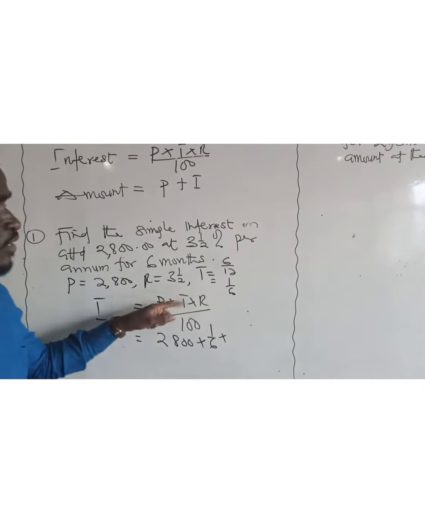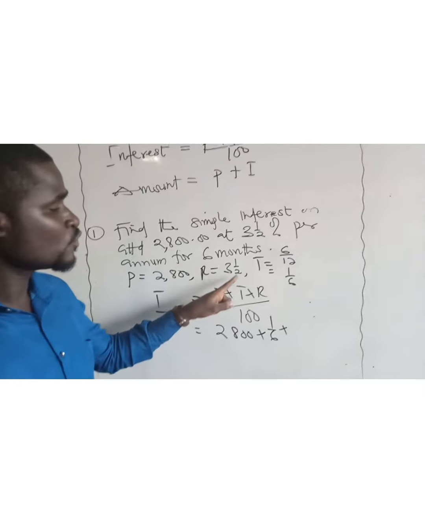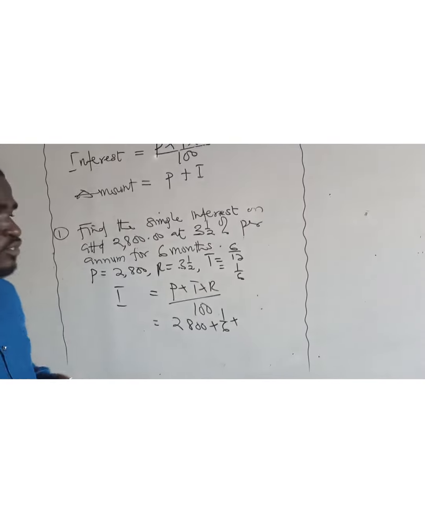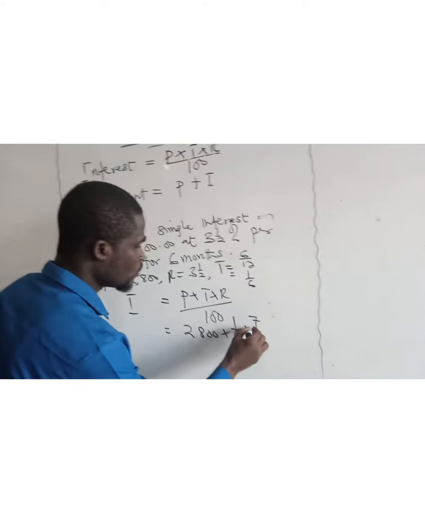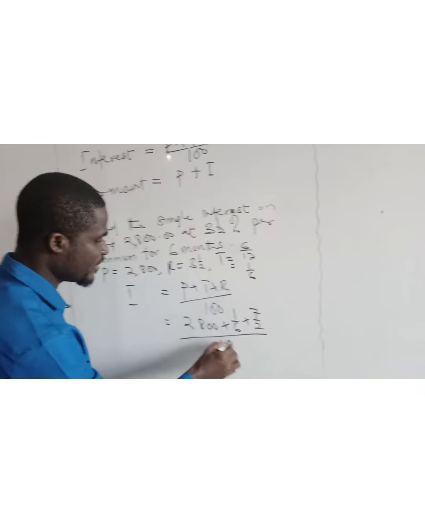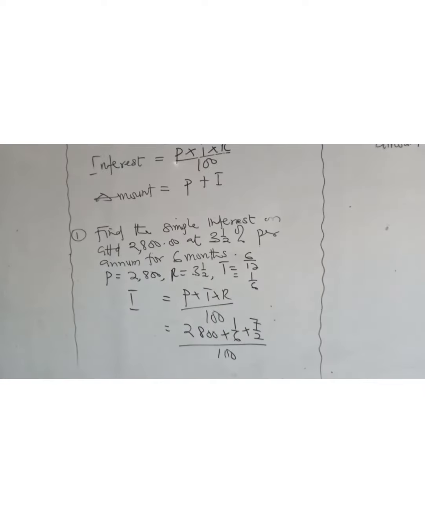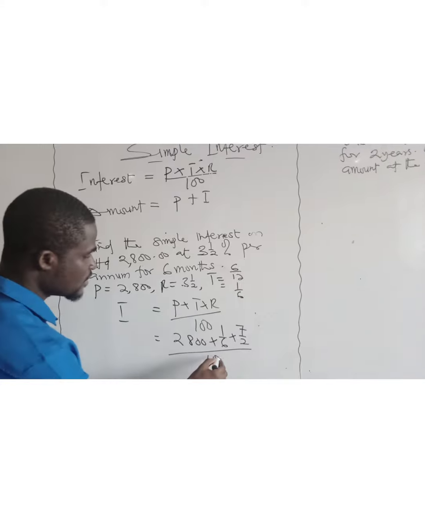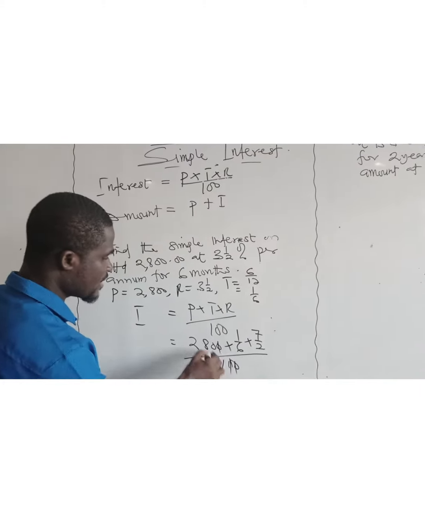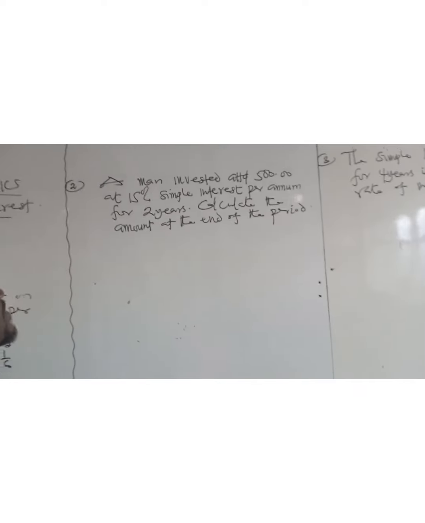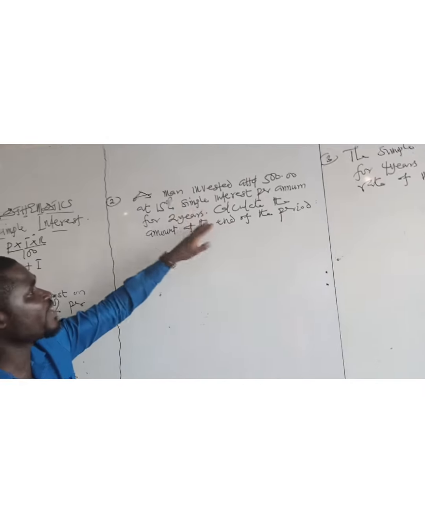Any one is correct. But let's change it to mixed fraction. 2 times 3 will give us 6. 6 plus 1 will give us 7. So we're going to have 7 out of 2, all divided by 100. Good. Now let's cancel. 0 cancel 0.